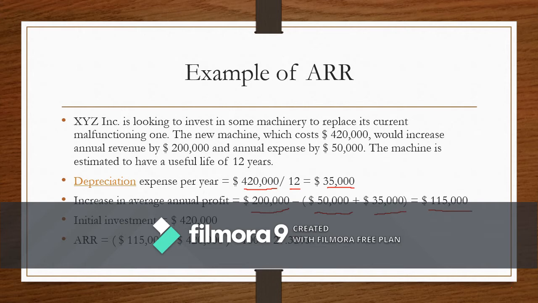The initial investment is $450,000. Lastly, put the values into the formula, which is the ARR equals the increase in average annual profit divided by initial investment times 100 to get the ARR.